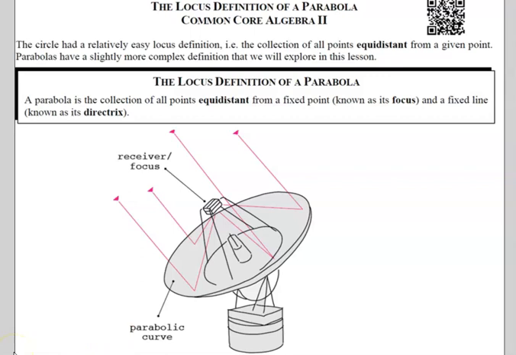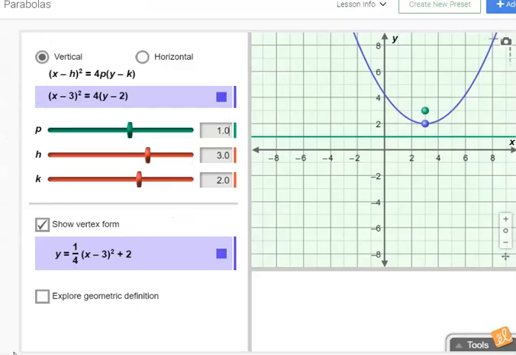Let's see what this looks like with a little gizmo. We have this gizmo where we have a parabola centered at 3, 2. You can see down here the vertex form, shift to the right 3, shift up 2. That's no surprise.